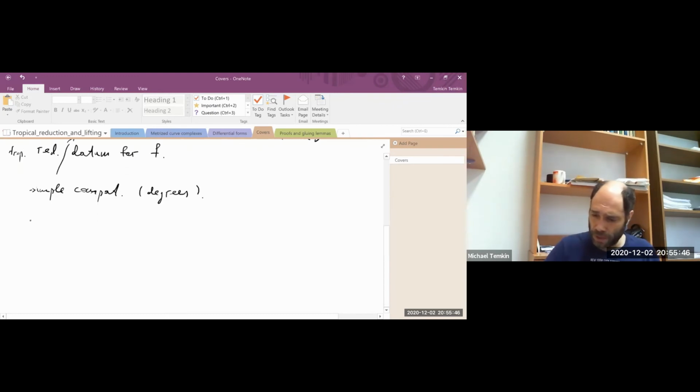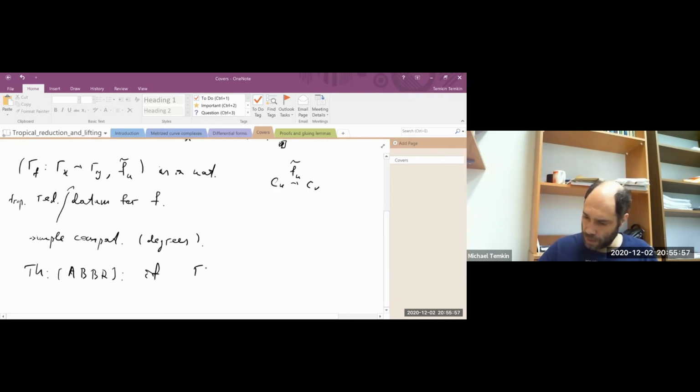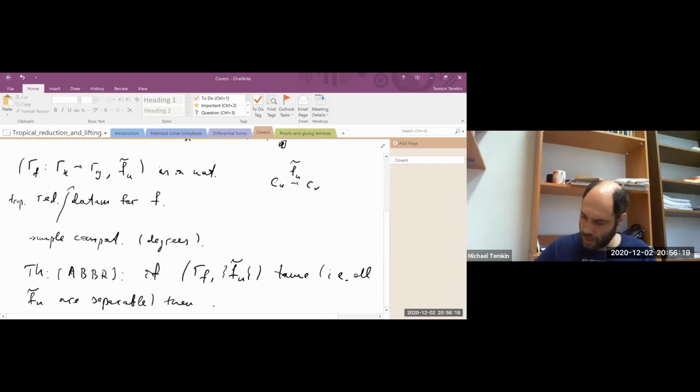Okay, and then there is a theorem by Amini, Baker, Brugallé, Rabinoff, that if such a reduction datum is tame, that is, all reduction maps are separable, generically étale, then there is a lifting.